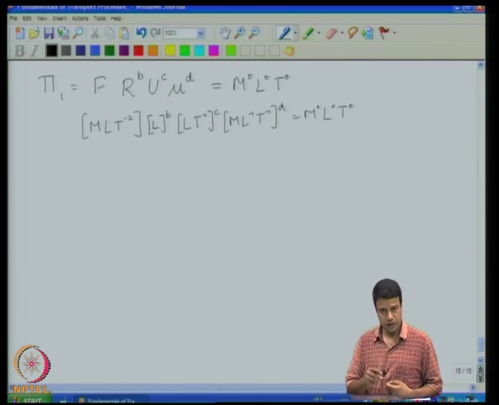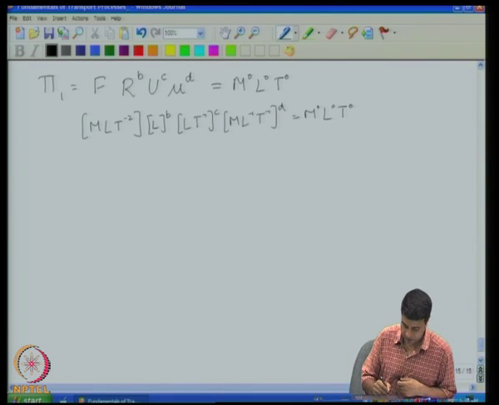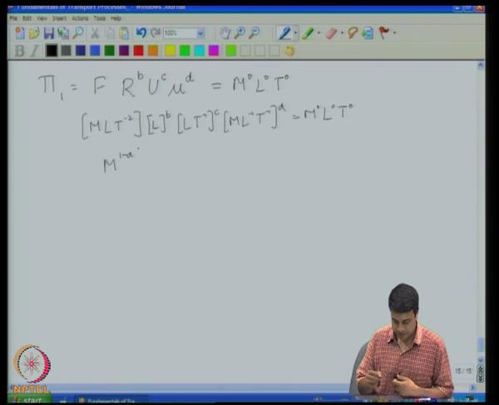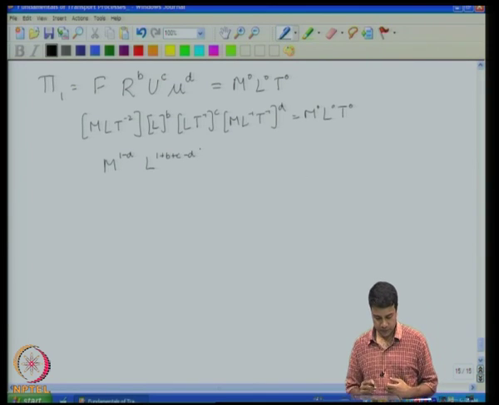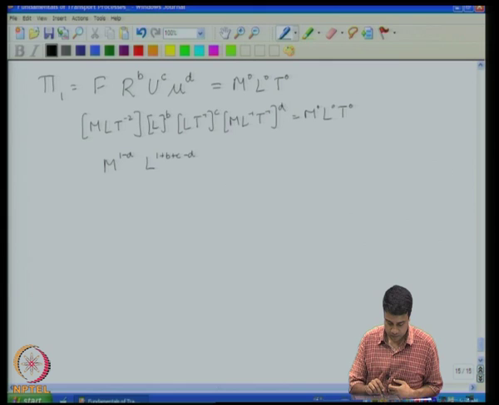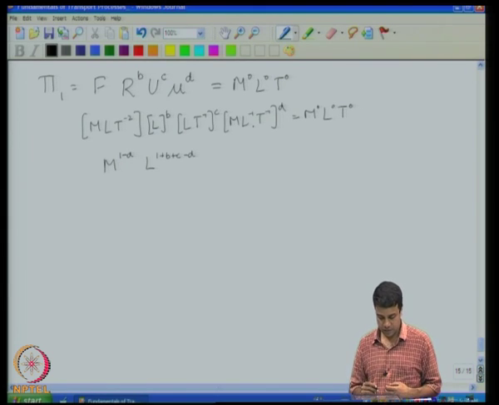So, let us assemble the dimensions of each individual, mass, length and time. So, m power 1 minus d. Now, L has 1 plus b plus c minus d. That is, it has one dimension from the force, one from the radius, one from the velocity and minus d from the viscosity.